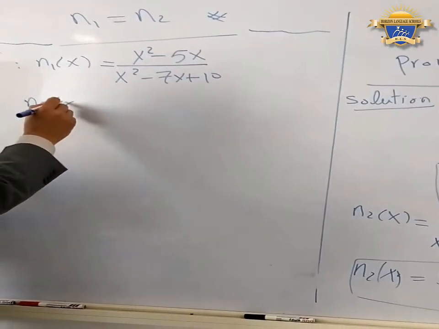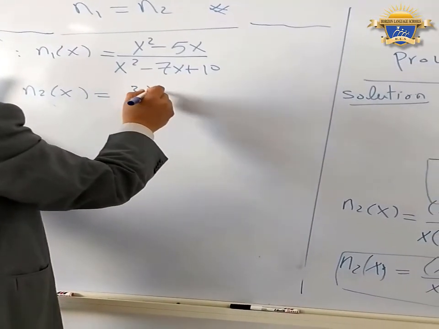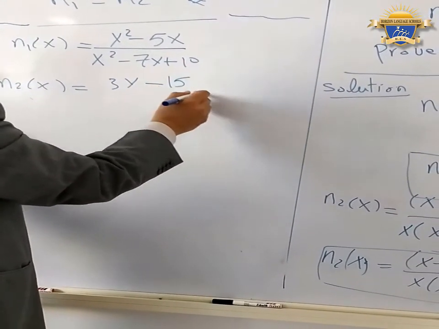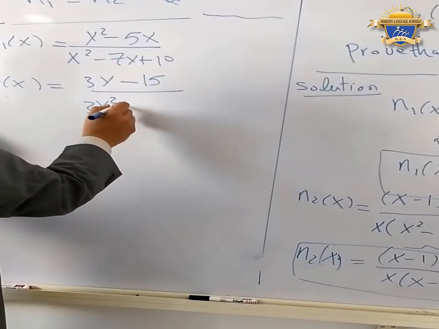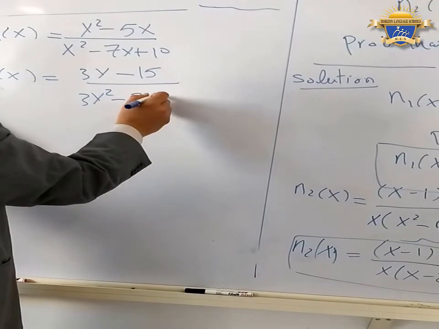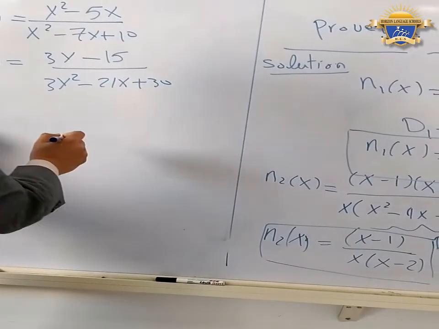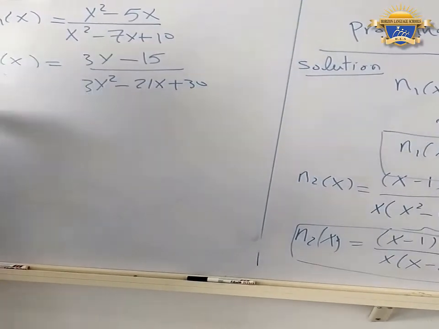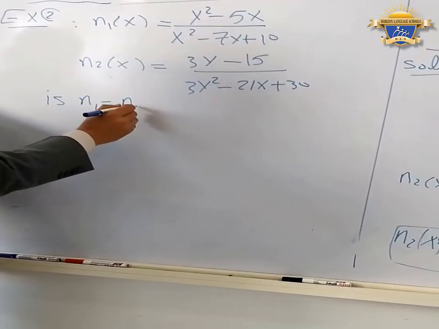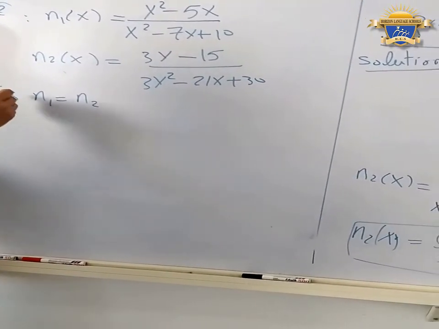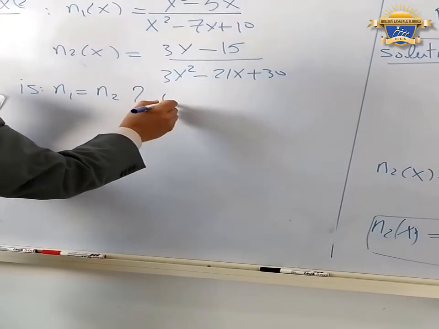N2 of x equals 3x minus 15 over 3x squared minus 21x plus 30. Is N1 equal N2? Why?